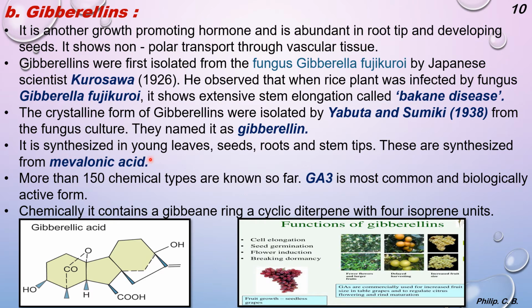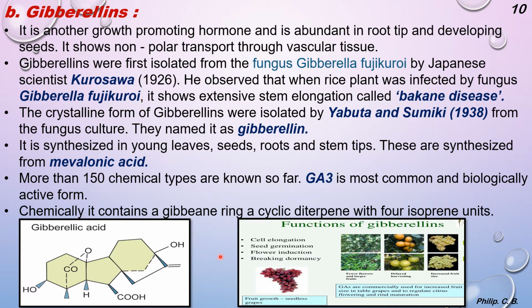It is synthesized in young leaves, seeds, roots, and stem tips. These are synthesized from mevalonic acid. More than 150 chemical types are known so far. GA3 is the most common and biologically active form. Chemically, it contains a gibbane ring, a cyclic diterpene with 4 isoprene units.